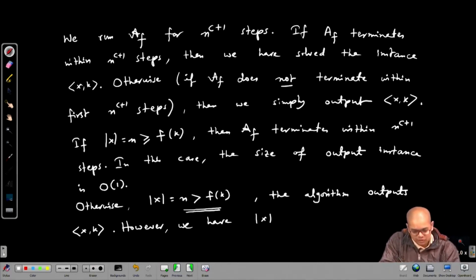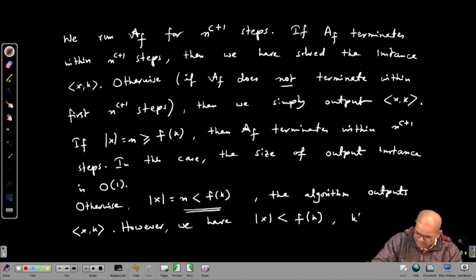If f of k is less than or equal to n, then f of k times n to the c is less than or equal to n to the c plus 1. And the other case is n is less than f of k. If n is less than f of k, then f of k times n to the c need not be less than or equal to n to the c plus 1. But in this case we have size of x less than f of k. Of course, k prime is the new parameter which is same as k.